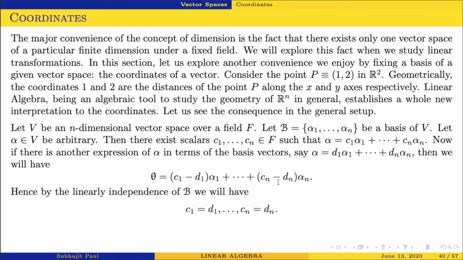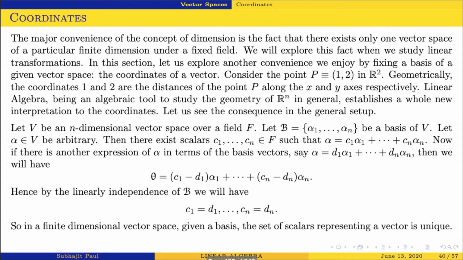C1 minus d1 is 0, c2 minus d2 is 0, and so on up to cn minus dn, all of them are 0. So that means c1 equals d1, c2 equals d2, up to cn equals dn. So in a finite dimensional vector space, given a basis, the set of scalars representing a vector is unique.